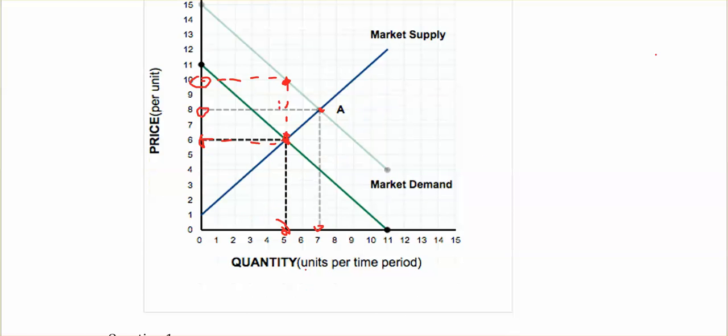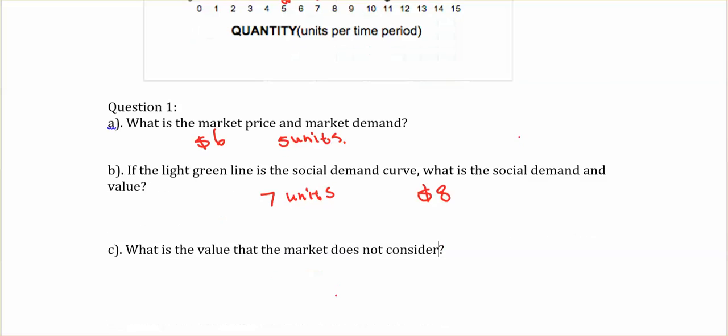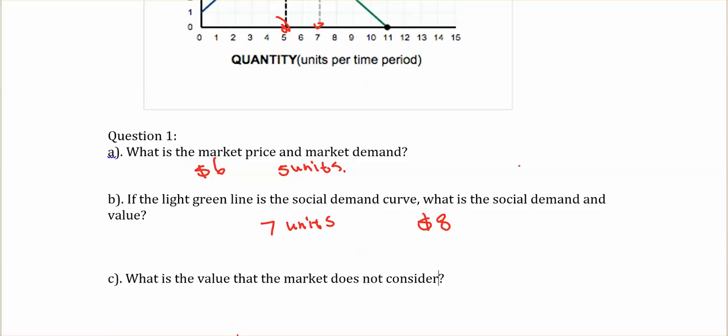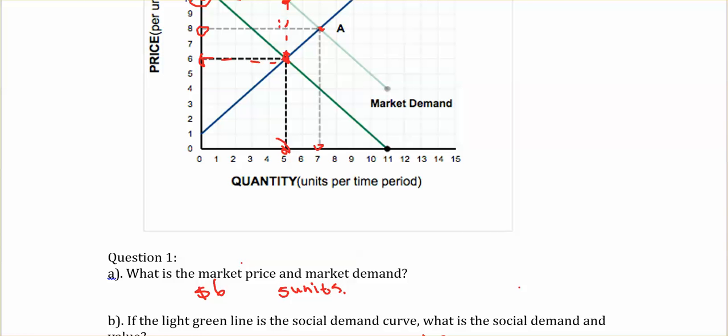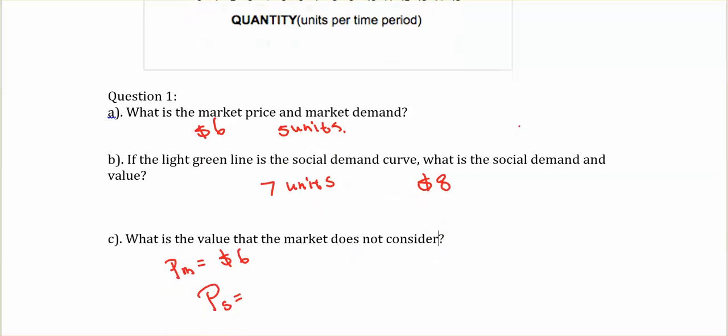So if we have exactly the same quantity, say 5 units, we can find the market price equal to $6. However, the social value, as we just mentioned, is equal to $10.